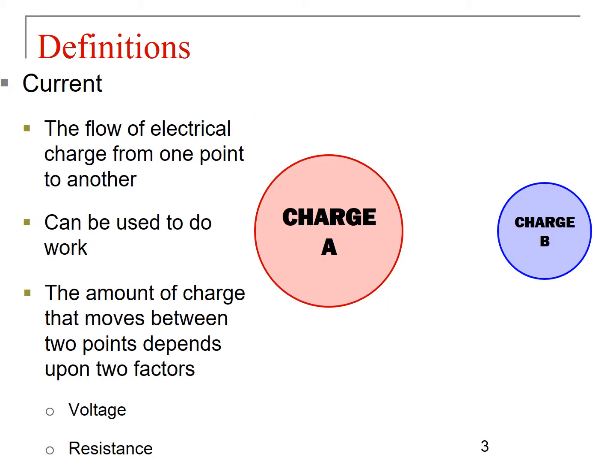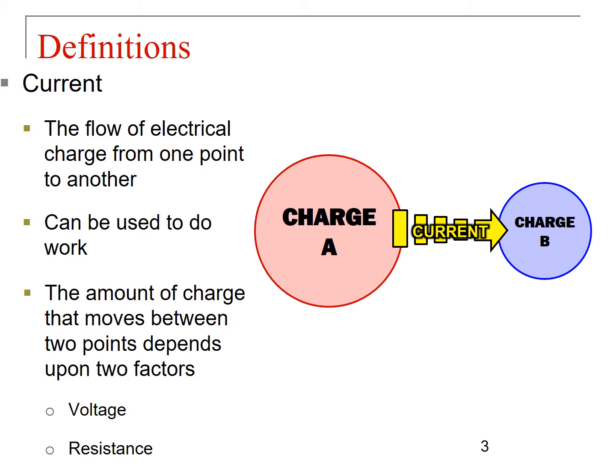So current is basically going to be the flow of electrical charge from one point to another. And current is something that can be used to do work because generally the flow of electrical charge involves the flow of some sort of particle. When you're talking about electricity in the wires in our home, you're talking about the movement of electrons. When you're talking about charge in the body, you're talking about the movement of ions instead.